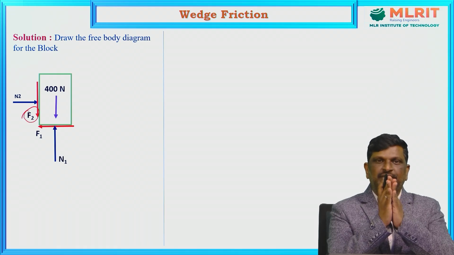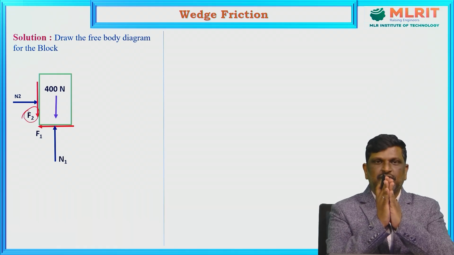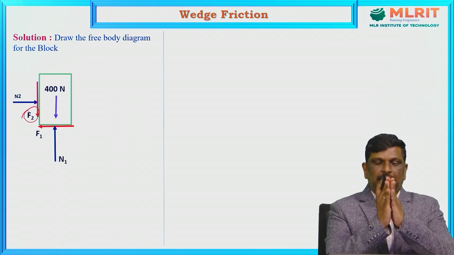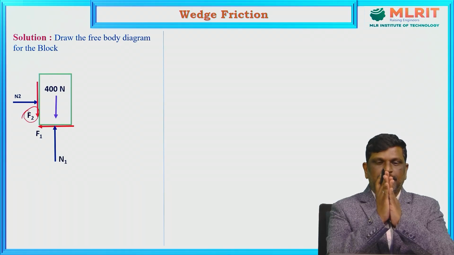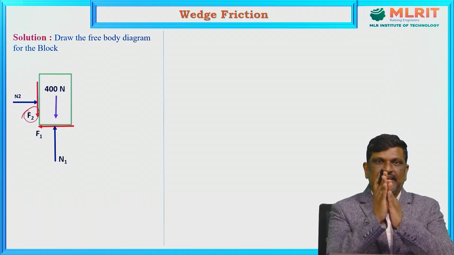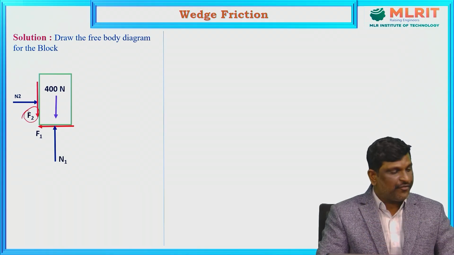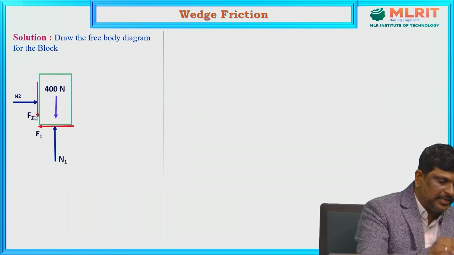Our point of interest is the block in the free body diagram, which is actually not moving, but the wedge is moving downward. If you look at the relative motion of the block with respect to the wedge, it is considered as up. That's why the friction at the contact surface will be considered in the downward direction.